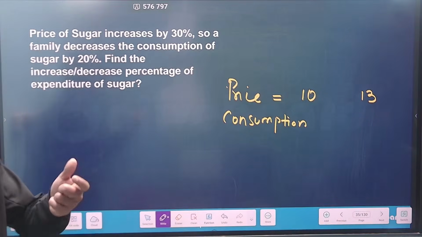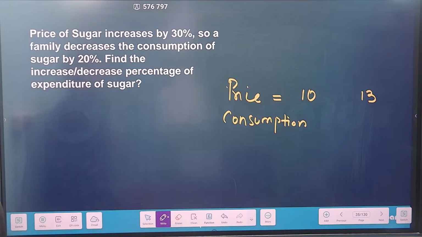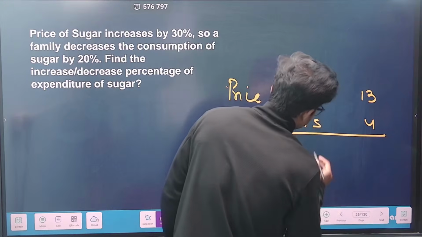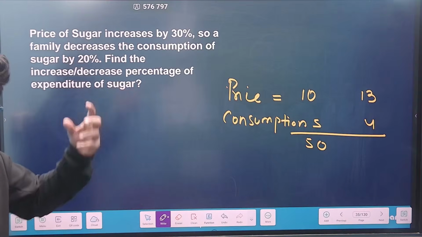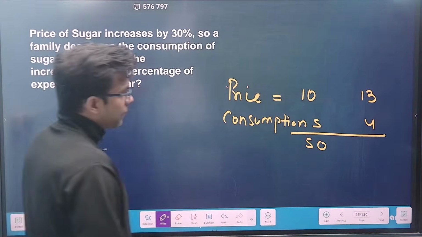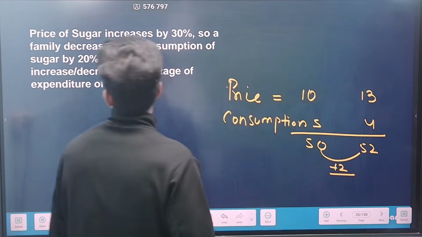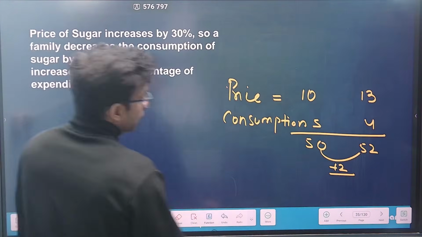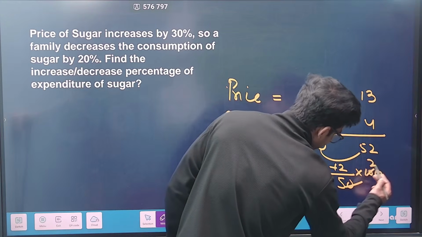Then consumption would be the reverse of it. But they are saying there's a decrease in the consumption of sugar by 20%. 20% decrease means initially it was 5, now it becomes 4. So this becomes 50. The price into consumption initially is 50 and after that it becomes 52. So there is an increase of 2. They're asking to find the percentage increase or decrease. The percentage increase is 2 upon 50 into 100, basically 2 times 2, which is 4%.